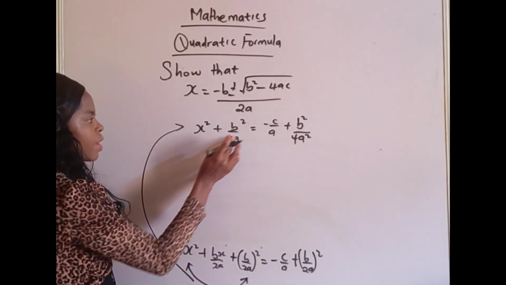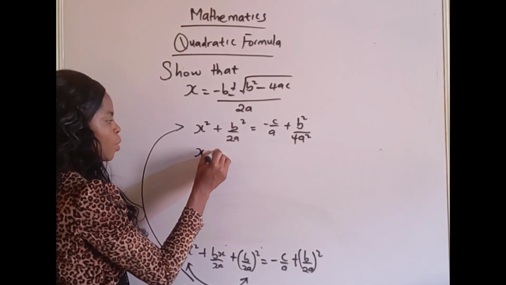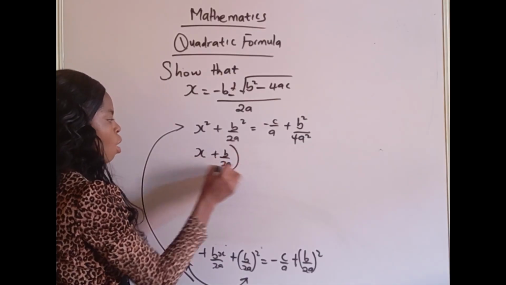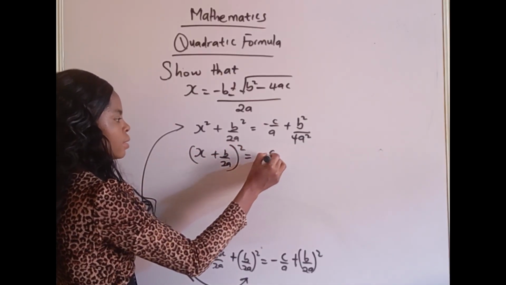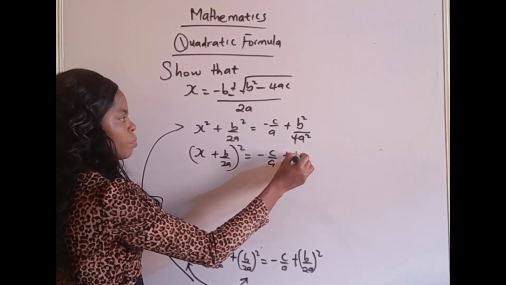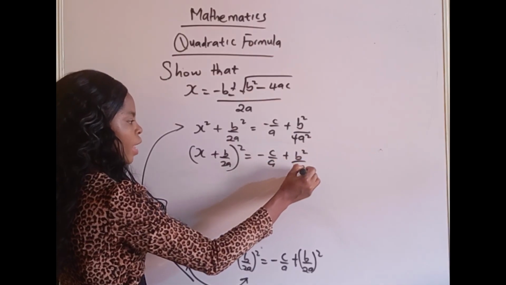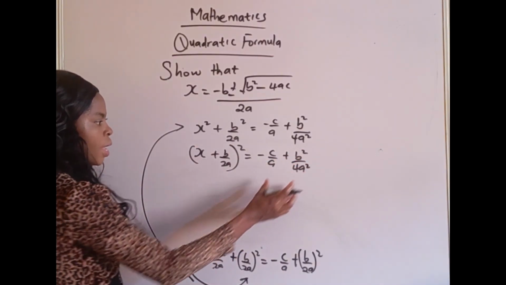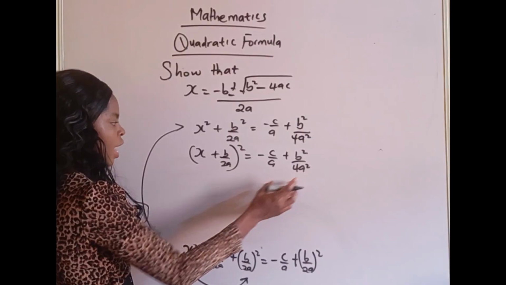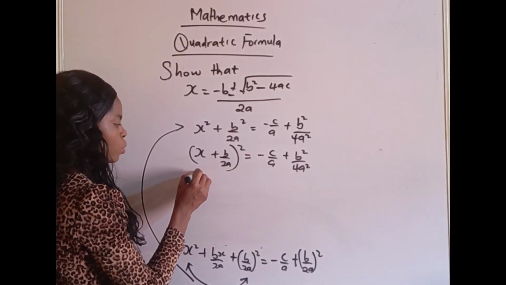Okay, so let's factorize the square. Now we have x plus b all over 2a all squared equal to minus c over a plus b square all over 4a square. What do you do from here? Make this one a single fraction, after which we take square root of both sides.